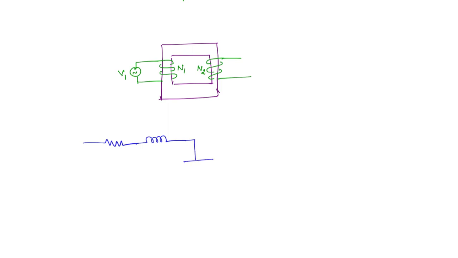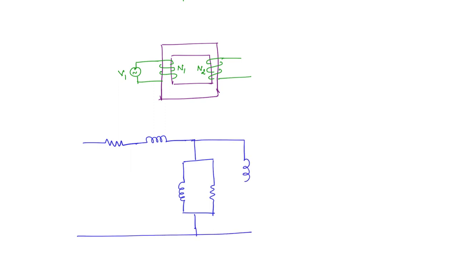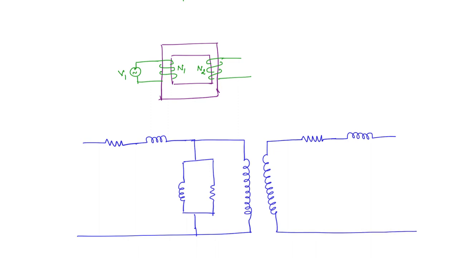And these are the shunt parameters. Here you have the inductance and this is the resistance, okay. Now this is the primary side. On the secondary side, you are going to have the winding resistance and the leakage flux, but there will not be any shunt parameter, okay.